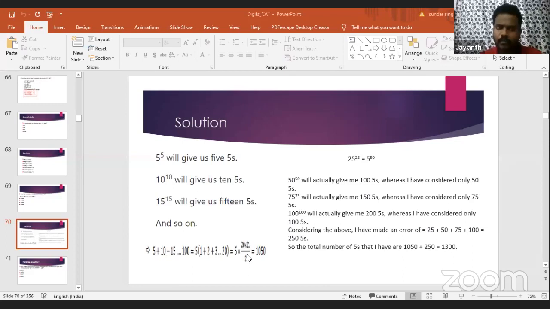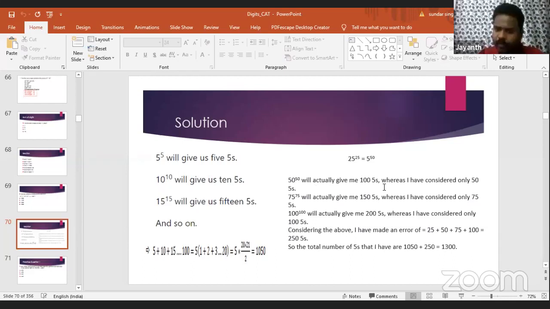So it is 5 into 20 into 21 by 2. I cannot write here, so I'm explaining orally. 2 tens are 10, so 10 into 21 is 210, and 210 into 5 is 1050. But look here, whenever you go for multiples of 25, 25 is 5 square. 25 power 25 gives 50 5s.